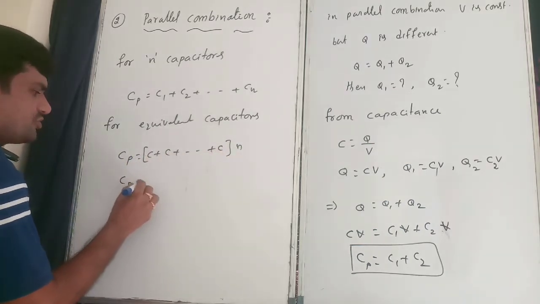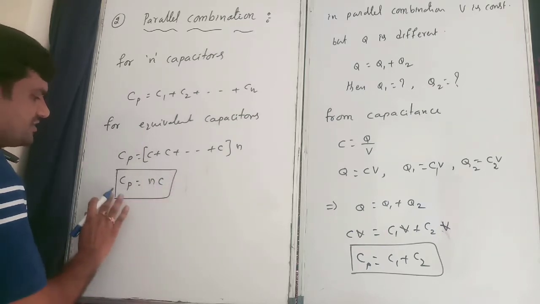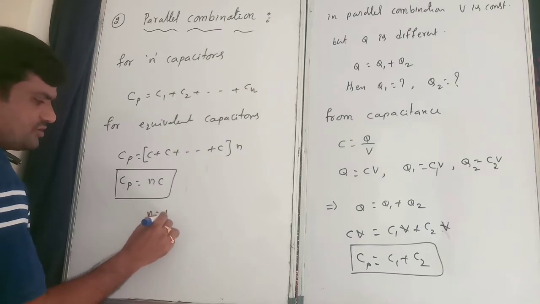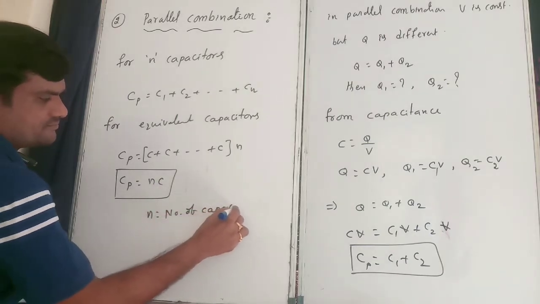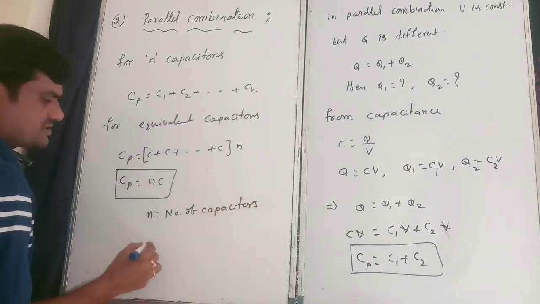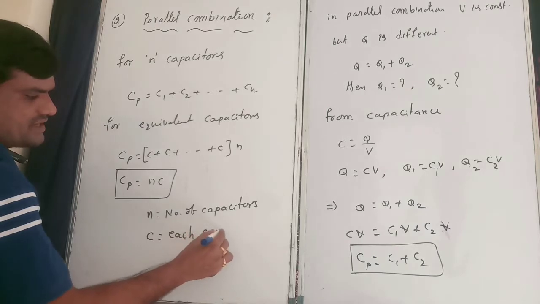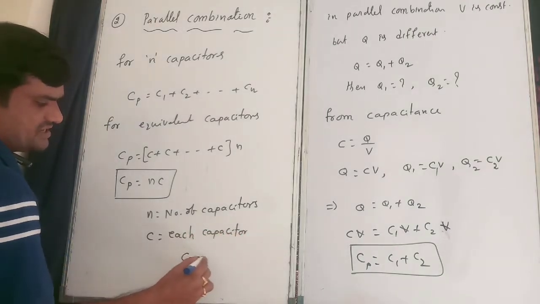Therefore Cp is equal to N into C. What is the meaning of N? N is the number of capacitors. C is each capacitor's capacitance.